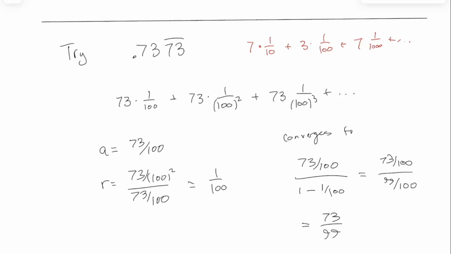That is to say, if there are repeating digits, then there is some way to convert that back into a fraction. But your teacher probably never told you how exactly you do that. How do you take a repeating decimal and convert it back into a fraction? Actually, this is how. If I give you any repeating decimal, this is the method by which you can figure out what fraction it came from. Right? Interesting stuff in my opinion. Any thoughts about that? You'll have some like this on the homework to check out.